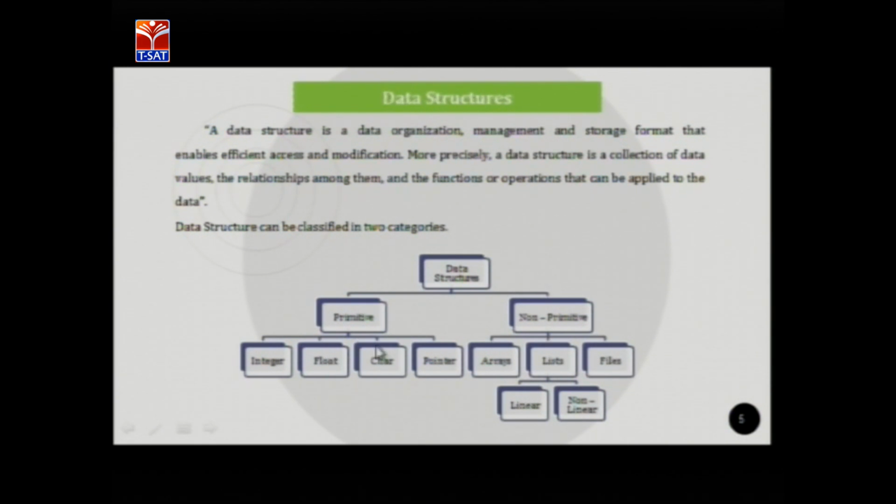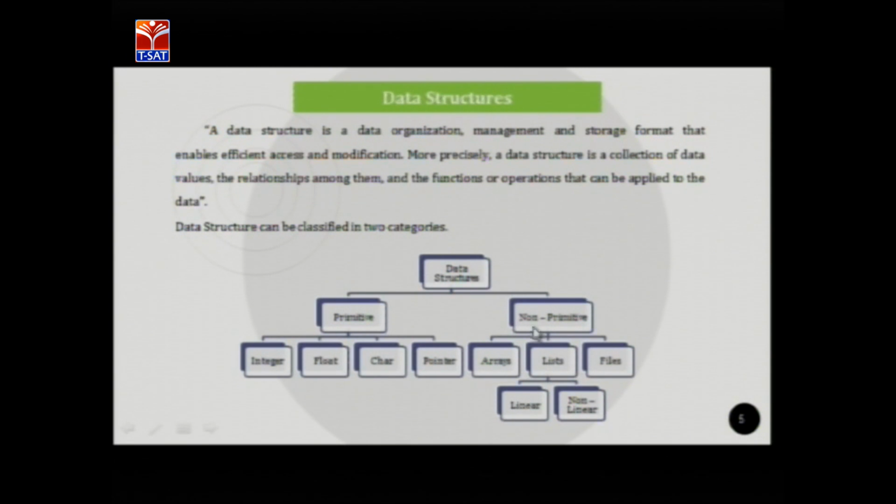A character consists of a single letter and takes 1 byte of memory. A pointer stores the address of a variable. Even though it stores the address of a variable instead of a single value, it is considered a primitive data structure because it takes only a single block of memory.